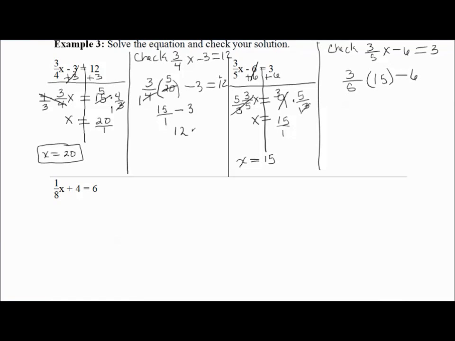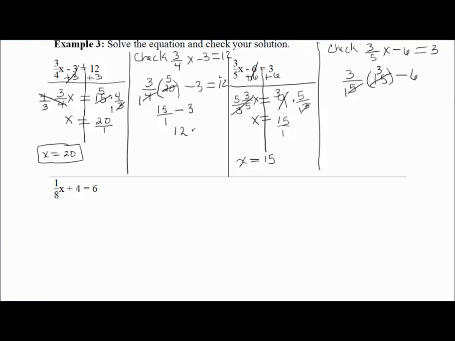Now if this equals 3, then I know I have the right answer. Once again, this is a 5. Let me fix this a little bit so it'll actually look like 5. I know that 5 will go into 15 3 times. So this becomes a 3. And 5 will go into 5 1 time. So it becomes a 1.